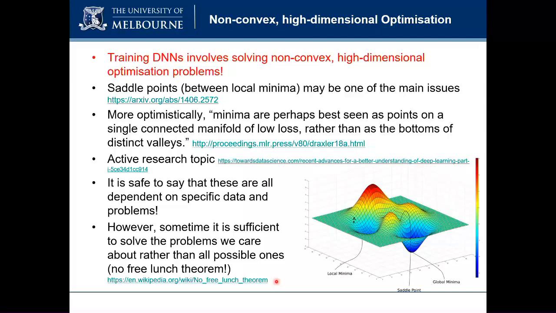If you say, I'm going to come up with an algorithm that solves all possible problems in my set and will do better than random search, they show that that's not possible. So if you do better in some parts, you will do worse than random in other parts. That's why it's called no free lunch. You work hard for lunch, but then you pay the price in other places.